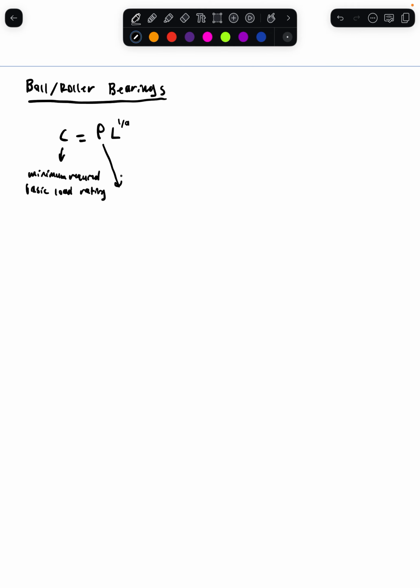P is going to be your design radial load. An emphasis on the radial load. We'll get to that in a little bit. L is the design life. That's going to be in millions of revolutions.